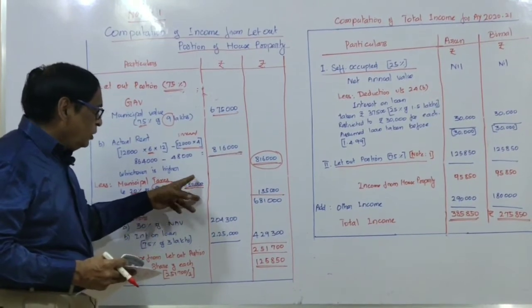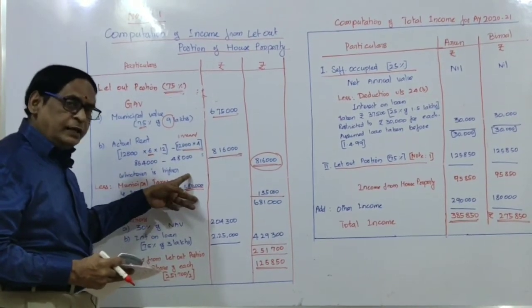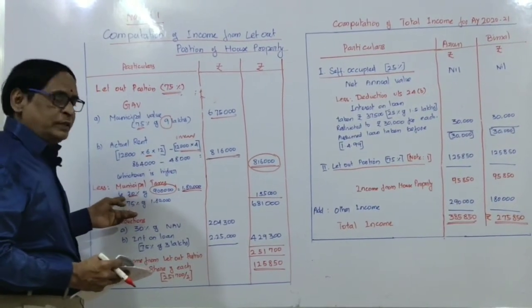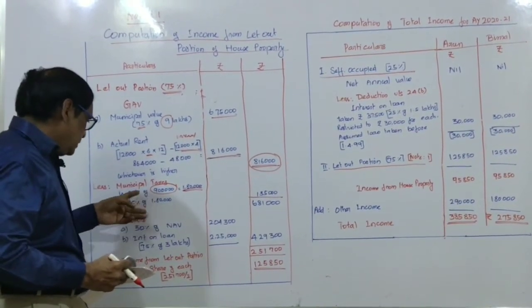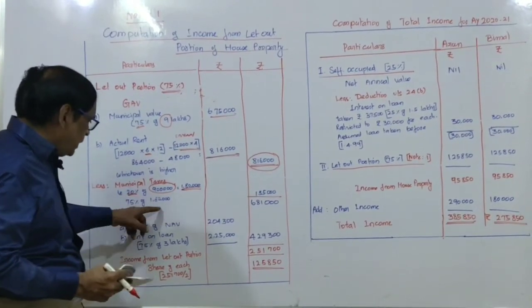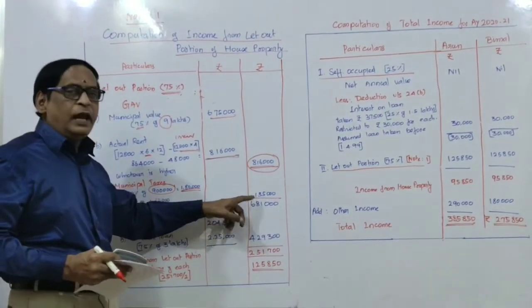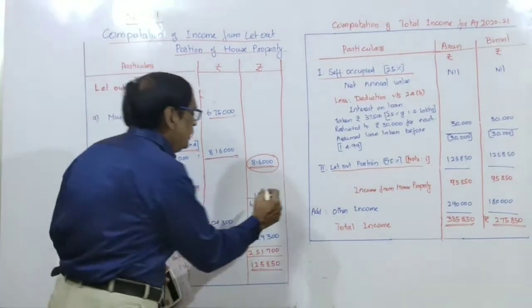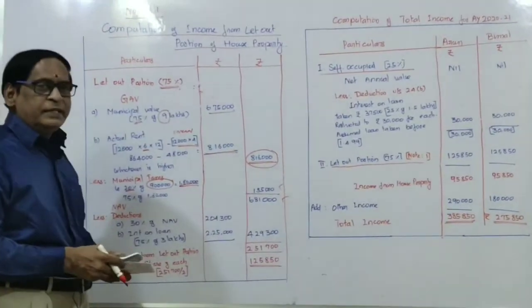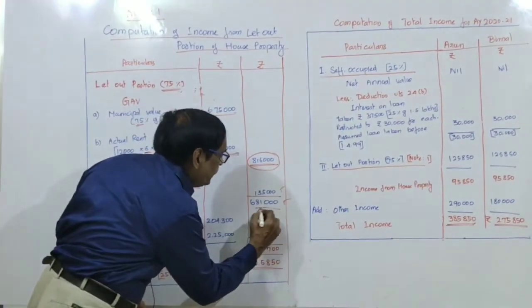This is for both portions, let out and self-occupied. Here the let out portion is 75%. So the municipal tax belonging to the let out portion is 75% of 1,80,000, that is around 1,35,000 rupees. If we deduct it, you can find the net annual value, that is 6,81,000 rupees.